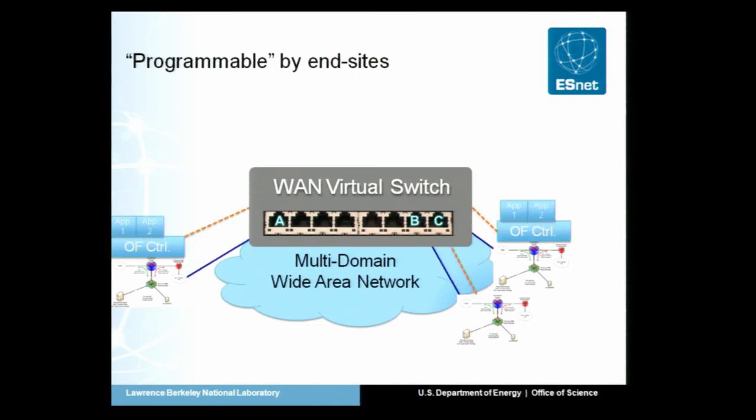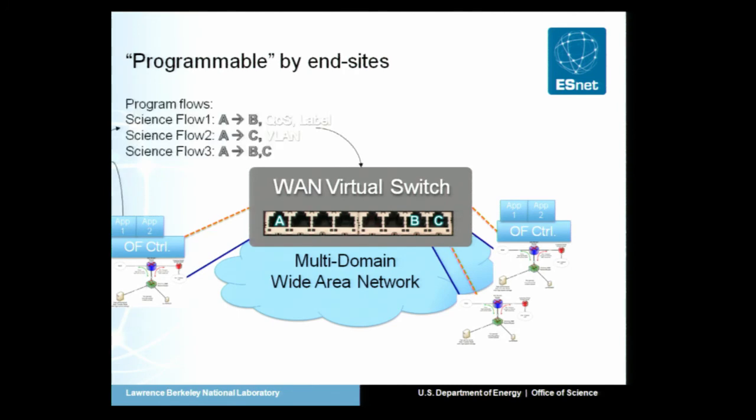And then each site has an OpenFlow controller that it talks to and directs its flows, and it can build its own applications, and then it can program the flows.